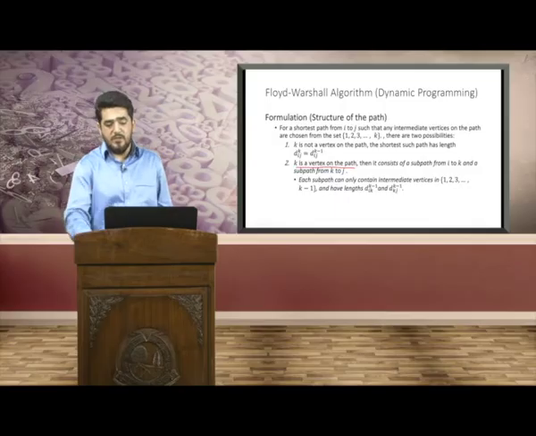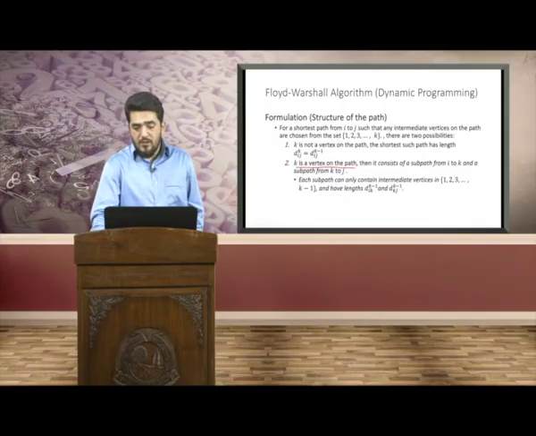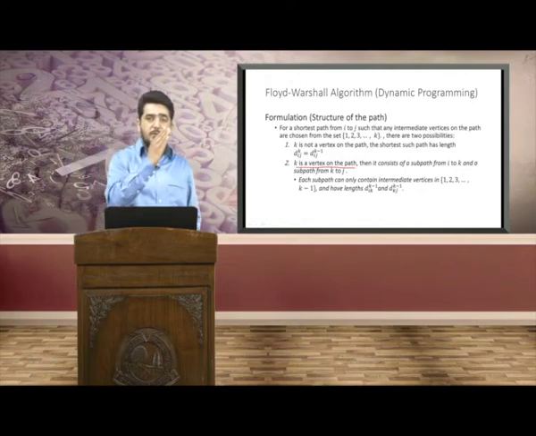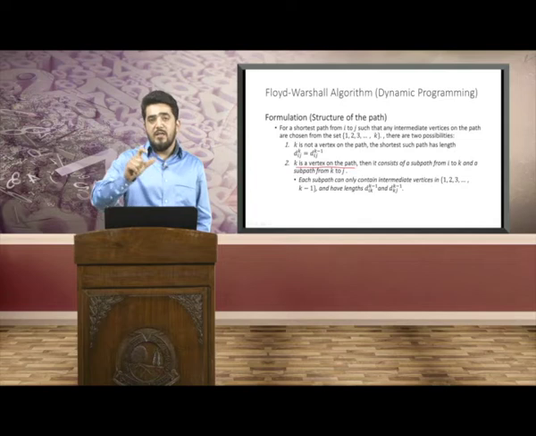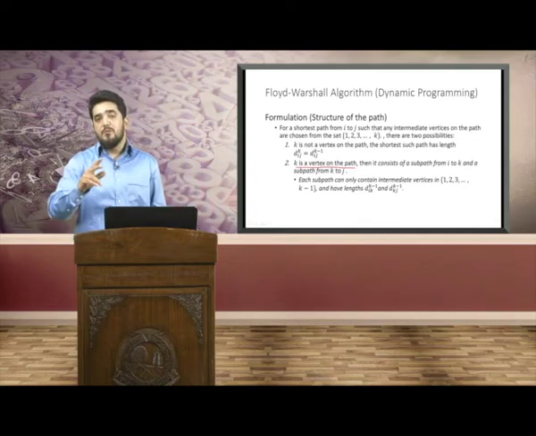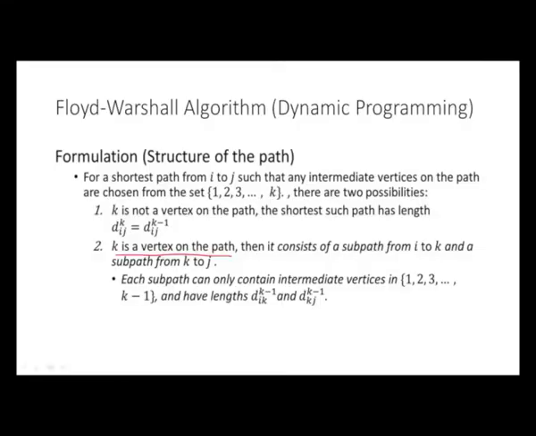It is a simple observation. So, whenever we say that an intermediate vertex k lies on the path from node i to node j, then we can look at this path from i to j as made up of two subpaths, one from i to k and the other from k to j.